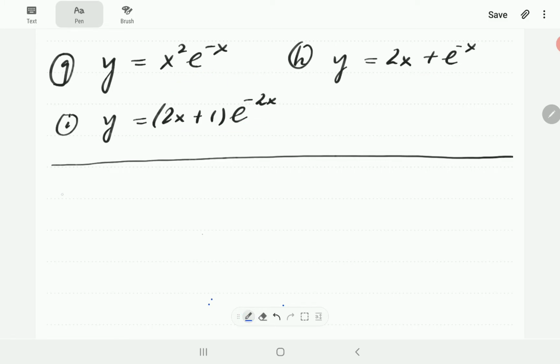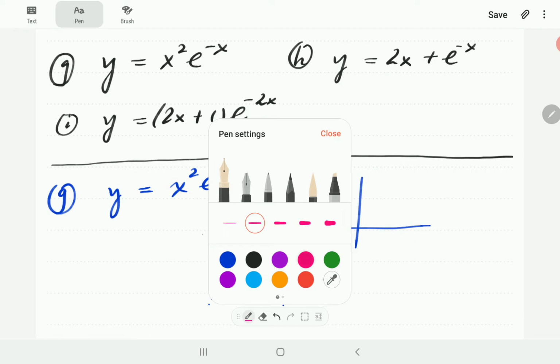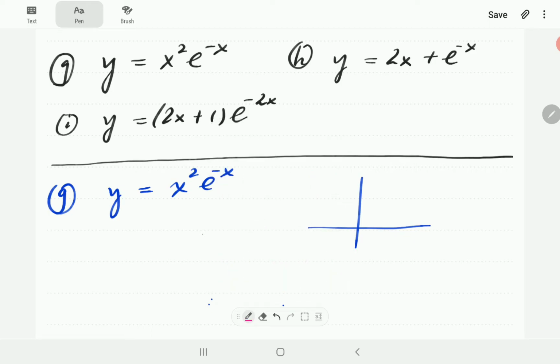Okay, so we're going to start with example number G, where we have x squared e to the minus x. Before we apply calculus here, it's useful just to get a feel of how this function might behave. It's a product of two functions.